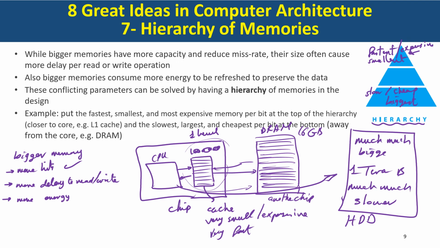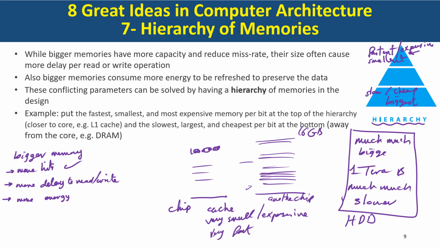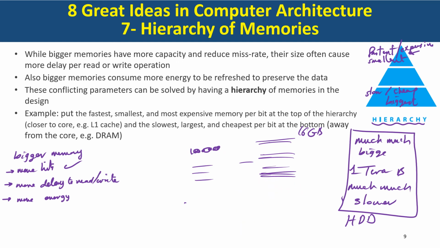That's one form of memory hierarchy. There is another form, by the way. Let me give you some idea about this other form. So I'm going to remove this. There is another form of hierarchy between the caches themselves.